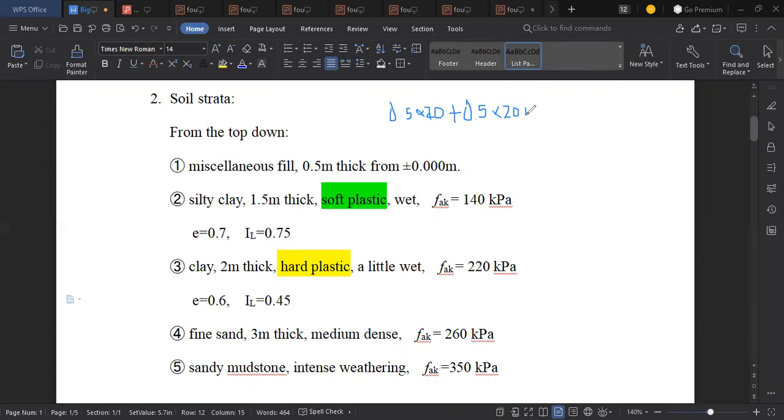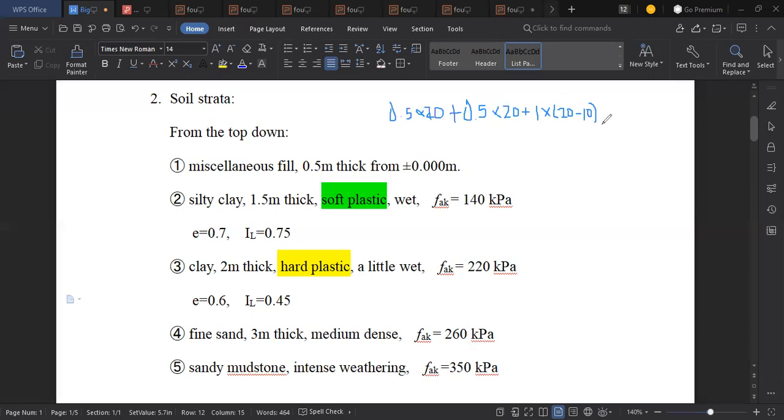Then the next part, we're still in the second layer, but this remaining 1 meter in the second layer is under the water table. So it's 1 times 20 is the gamma, but because it's under the water table, we subtract the unit weight of water, which is 10.